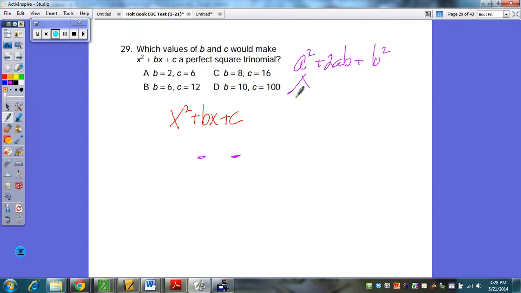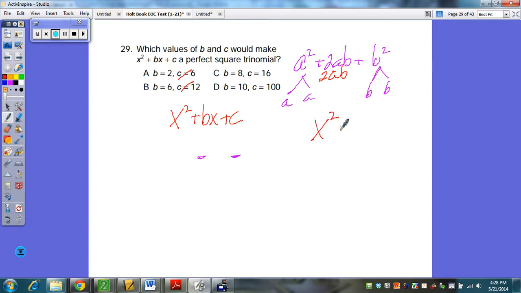That means that I have a term from both the first and the last that are perfect squares, and the middle is equal to 2 times one factor from the first times one factor from the second. So my last term, c, has to be a perfect square. Well, that rules these two out because these are not perfect squares. So I can look at this one right here.